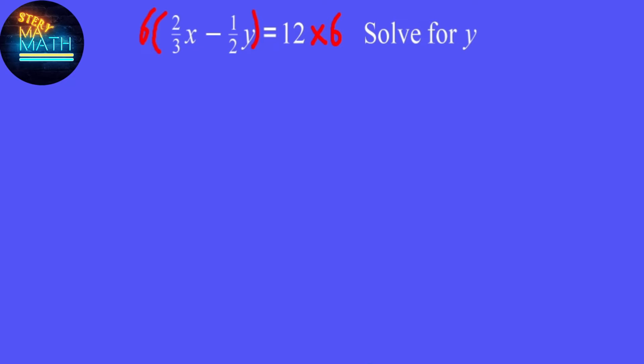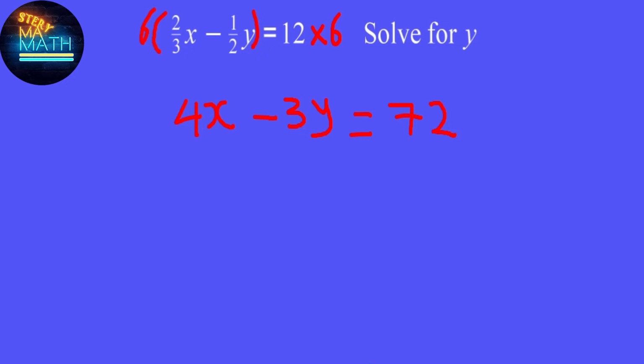And use the distributive property. So 6 times 2 over 3, which is 12 over 3, is 4x, minus 6 times 1 over 2, which is 3, and don't forget the symbol y, is equal to 12 times 6, 72. Back to the question, solve for y.